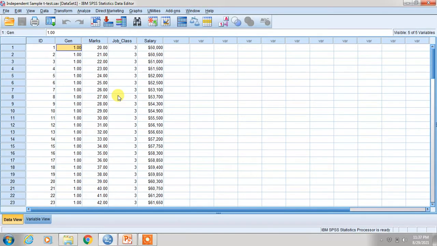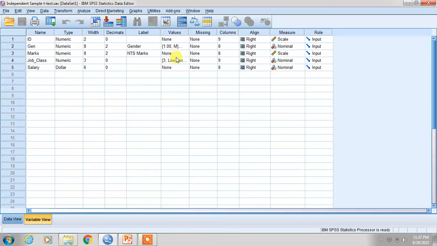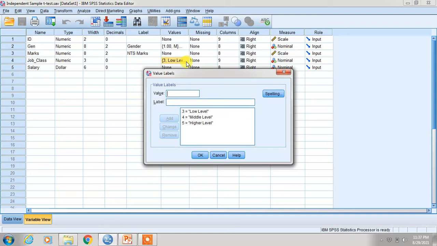We'll see this data. We have the data of some 80 participants. Now we have diversified their job designation into three different classes. We can see it from here. The job classes are diversified in such a way that by 3 we mean these are the low level employees, by 4 we mean these are the middle level employees, and by 5 we mean these are the higher level employees.